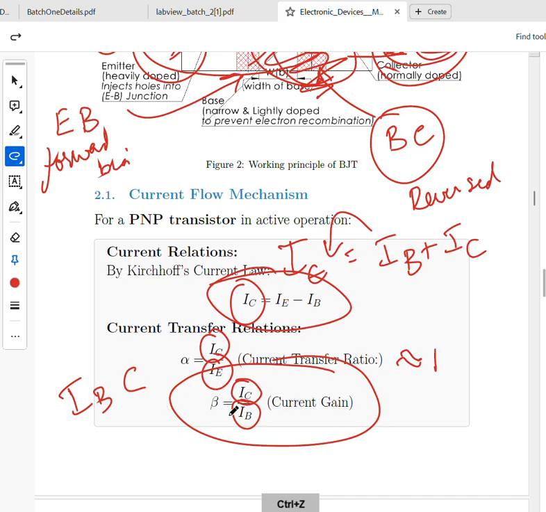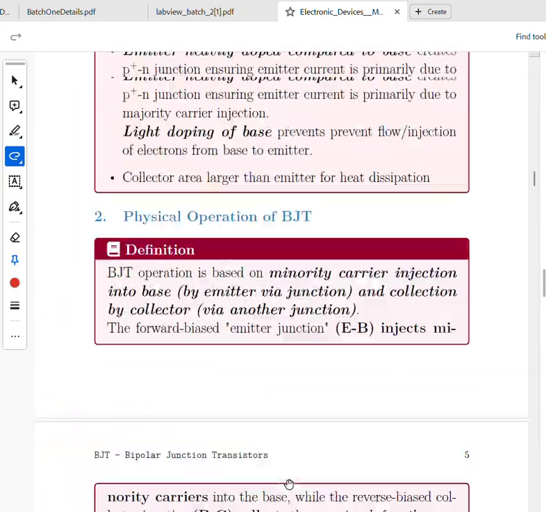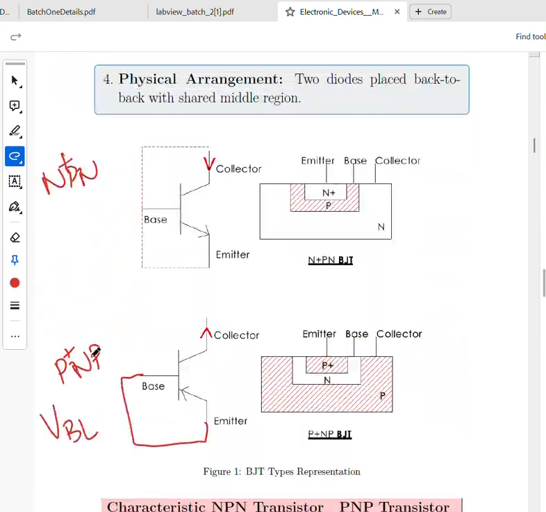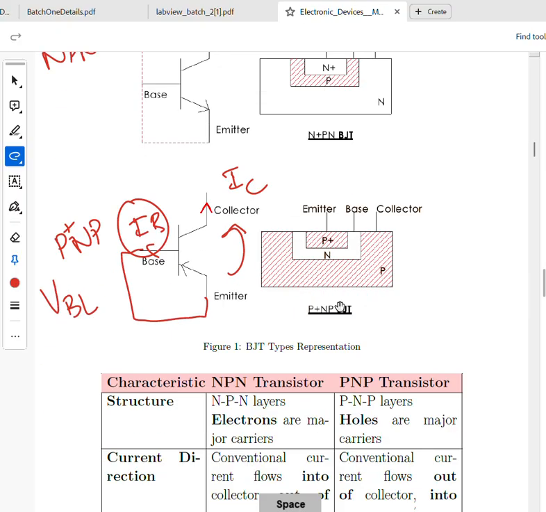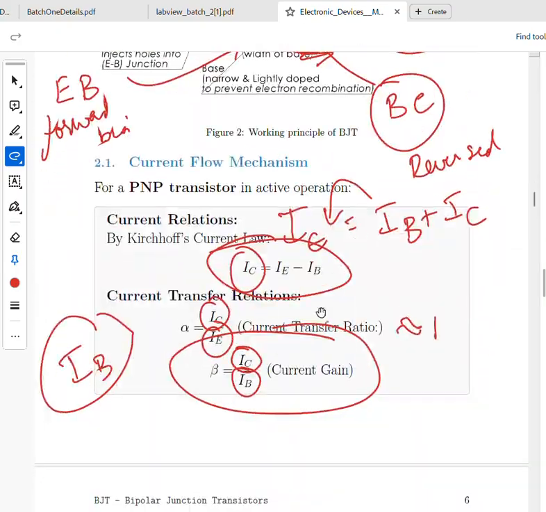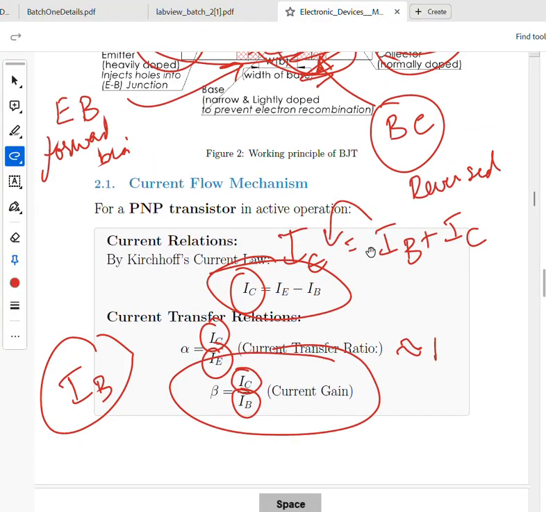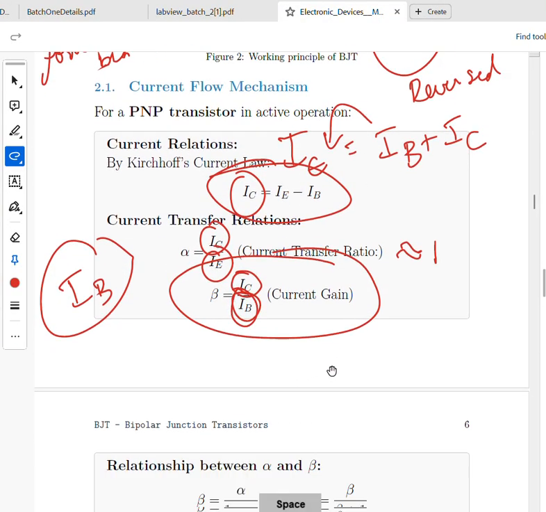Beta is the ratio of how much collector current will increase by varying the IB value. If we vary a small amount of IB, how will that change the amount of current moving from emitter to collector? We measure that through beta. Beta is equal to IC divided by base current IB.